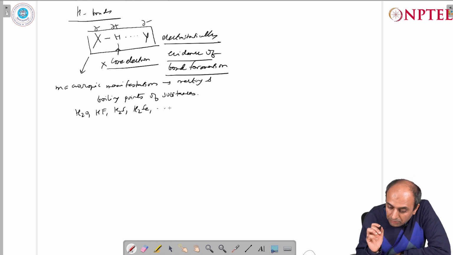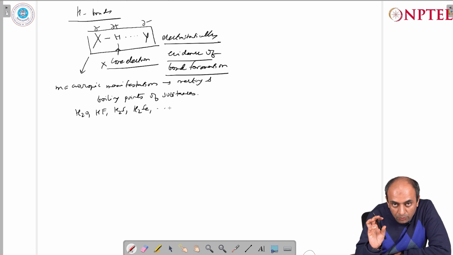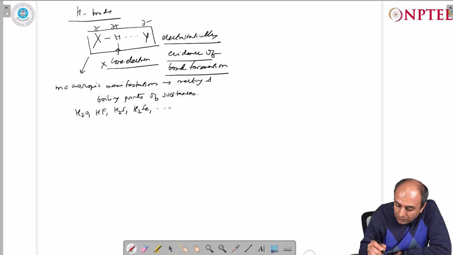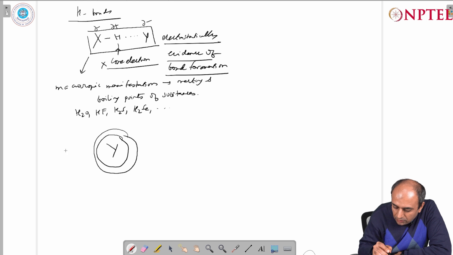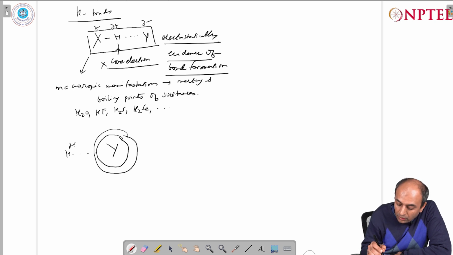The next thing to keep in mind is that the hydrogen atom is very small in size compared to X and Y. And because it has a positive character associated with it, it is able to penetrate into the region of the acceptor. In other words, it is able to go very close to the electron density associated with the Y atom.